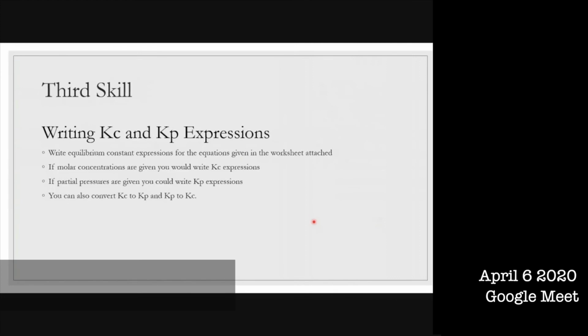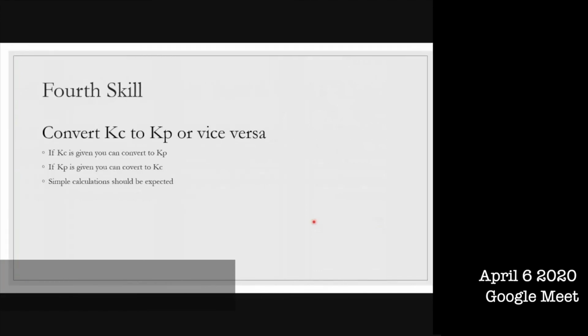The third skill is that you should be able to write Kc and Kp expressions, which means when you write the Kc expression, you will use square brackets with molar concentrations, and if you're using Kp, use partial pressures. For converting Kc to Kp, the equation that I've given can be used. That's one way of doing it.